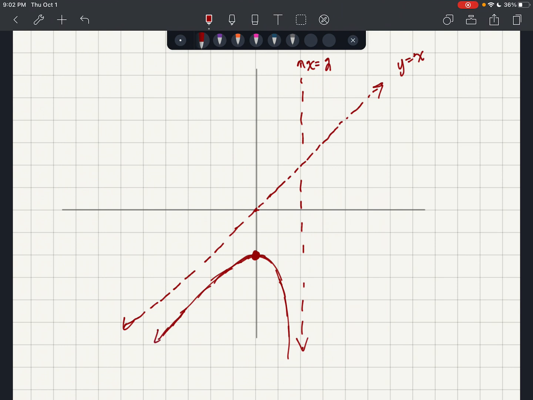Now all of this from -infinity to 2 is concave down. It's a beautiful thing. And from -infinity to 0, we were increasing, and then 0 to 2, we're decreasing.